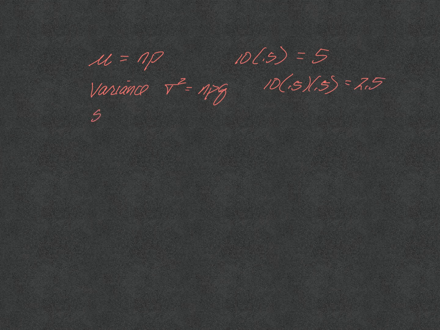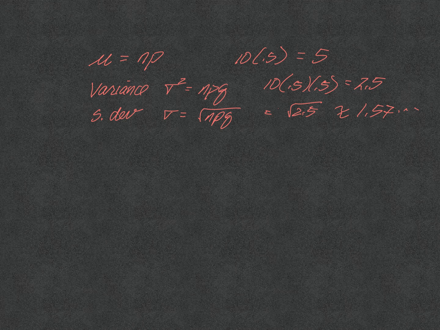And therefore the standard deviation, sigma, would be the square root of npq, which in this case is the square root of 2.5, approximately 1.57. You can check that on a calculator.